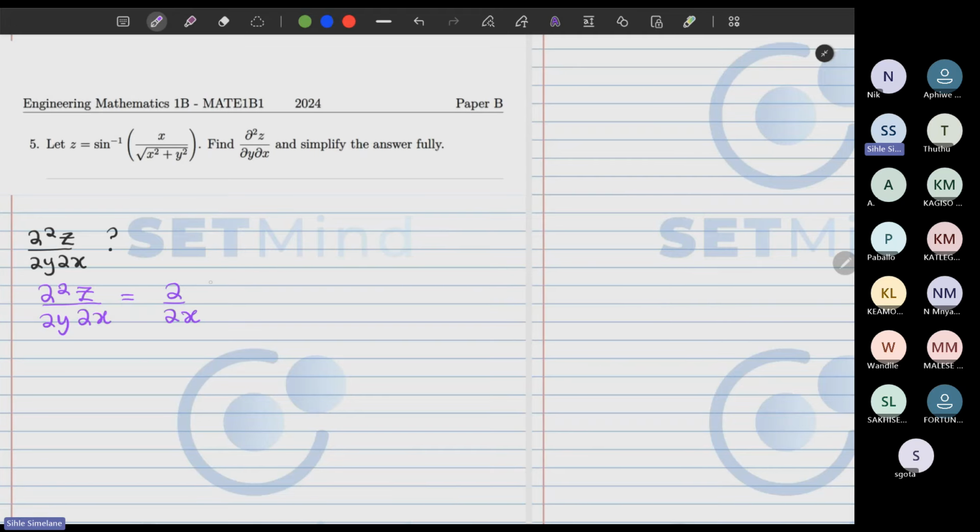What is it, guys? It's f prime of x divided by the square root of f of x squared plus 1. Can you please repeat that again? It's f prime of x divided by the square root of f of x squared plus 1.